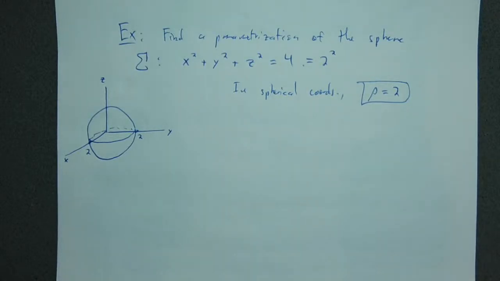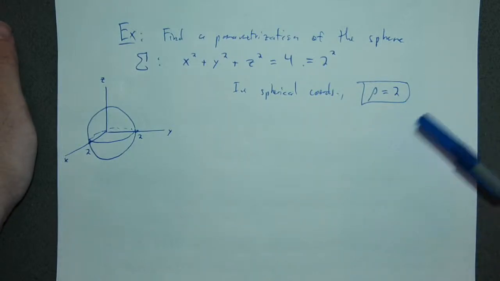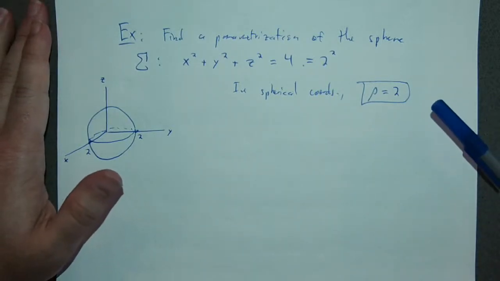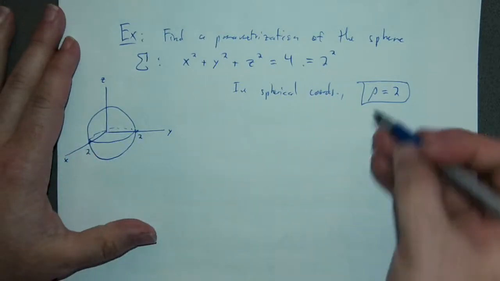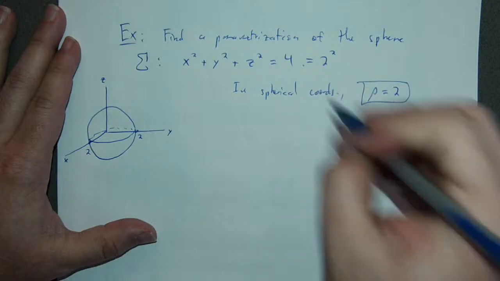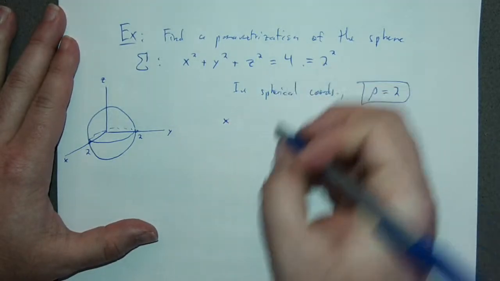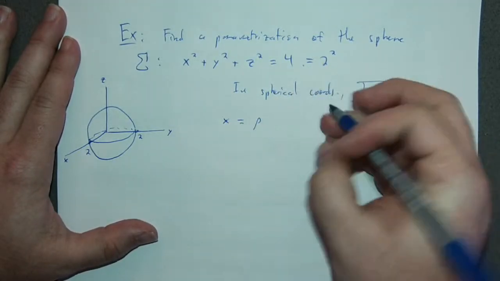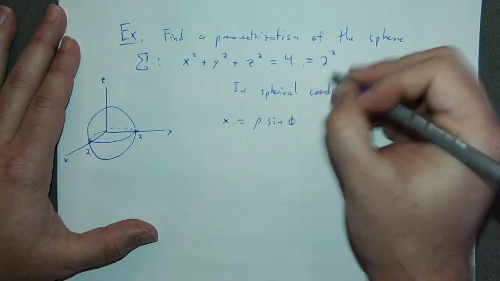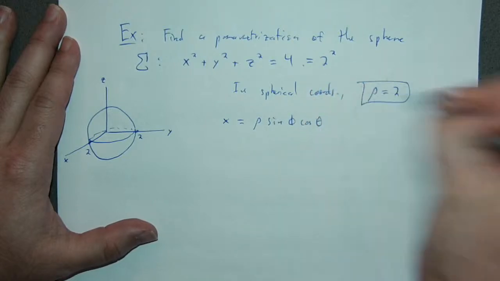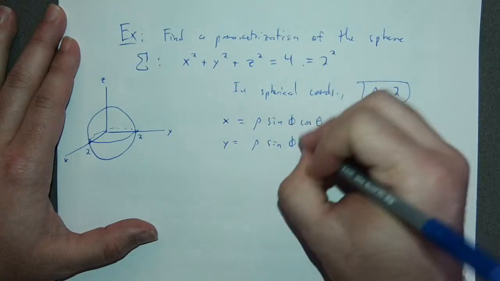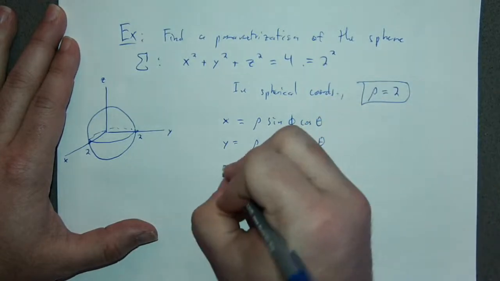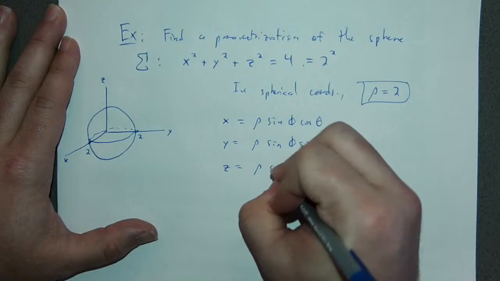Well, that in itself doesn't help me that much, but let's write out in spherical coordinates specifically how this sphere would be described. So x is equal to rho sine phi cosine theta, and y is rho sine phi sine theta, and z is rho cosine phi.